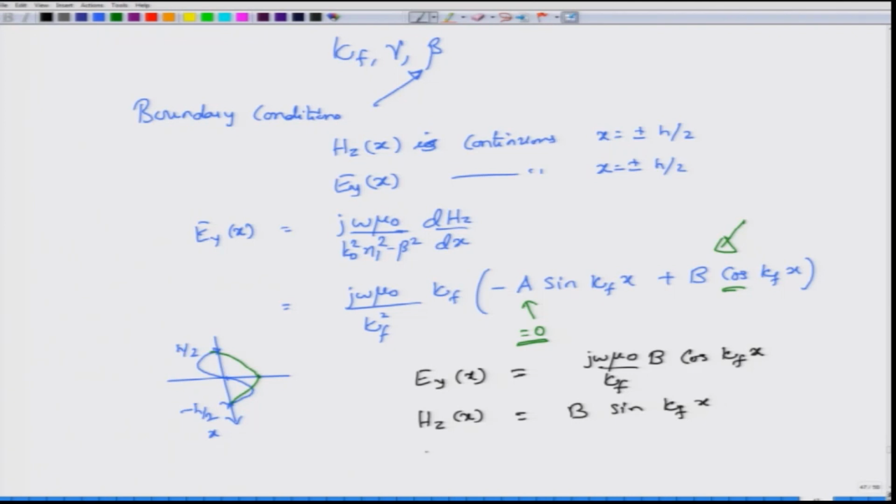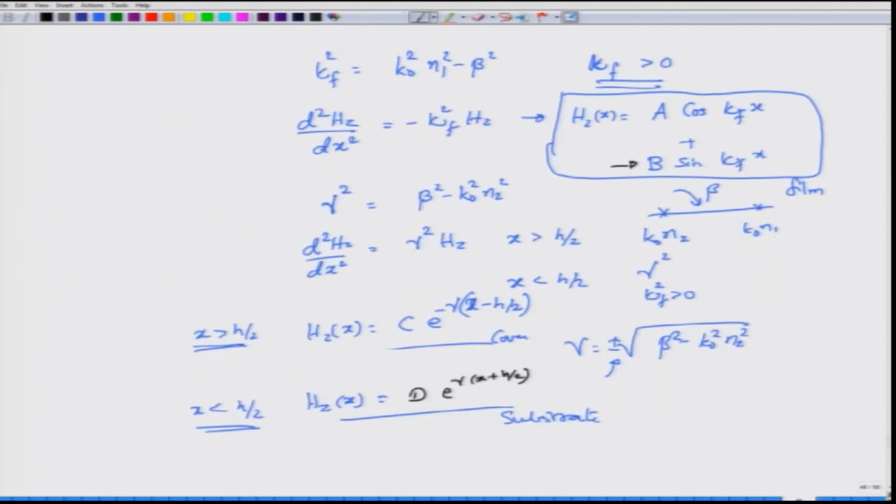What would happen in the cover region? So, in the cover region, Ey of x will be equal to j omega mu naught divided by k0 square n2 square minus beta square, and then derivative of Hz with respect to x. And in the cover, we already know that Hz goes as some c e to the power minus gamma x minus h by 2, and then you differentiate this one, you are going to pull this minus gamma out, correct.